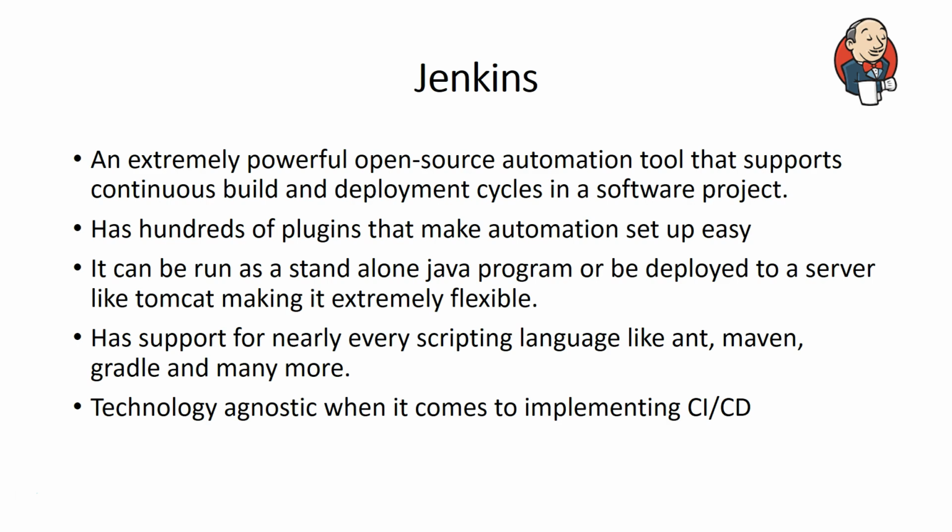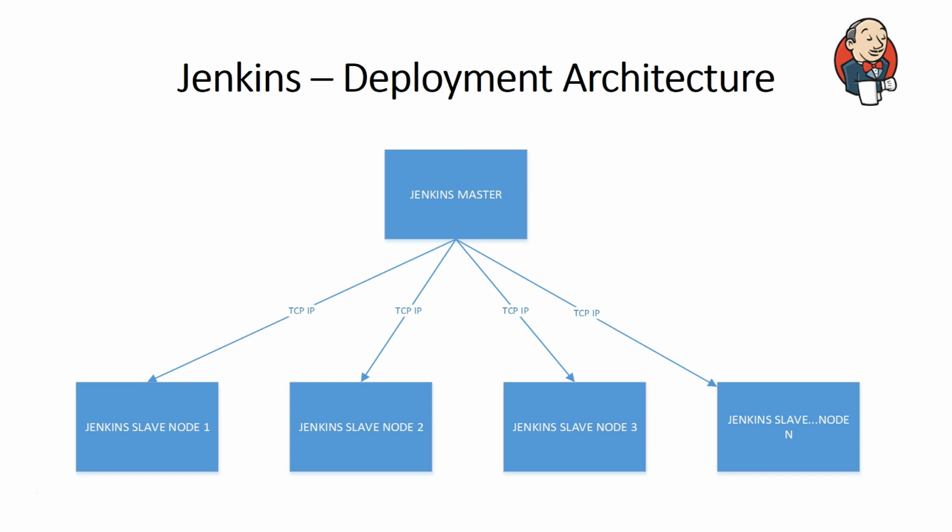Now, that brings us to the topic of the deployment architecture of Jenkins. A typical prerequisite to installing and setting up Jenkins is that the disk space must be sufficiently big.